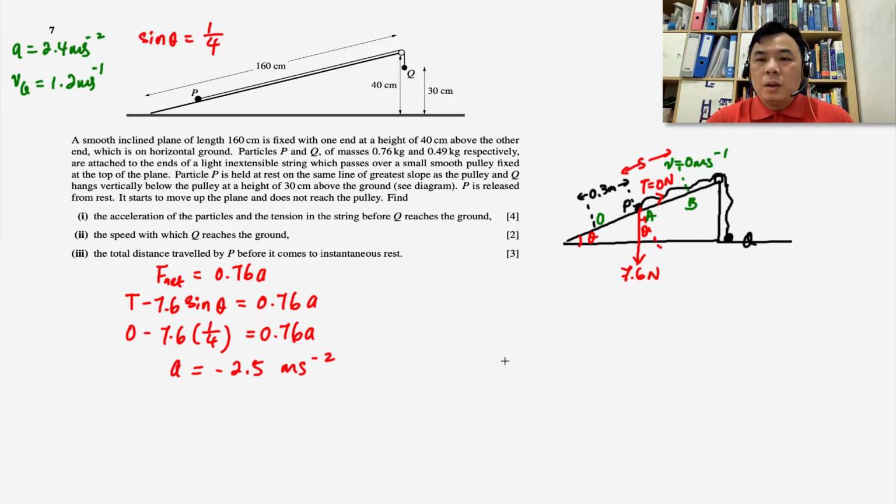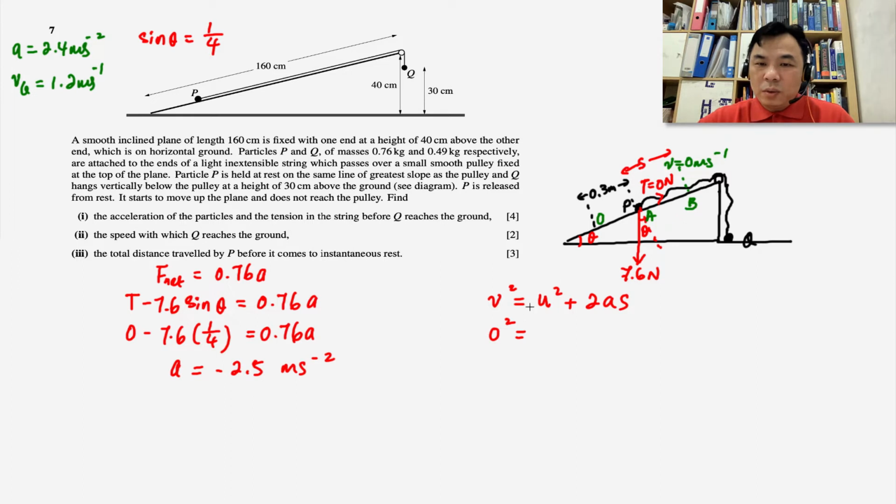Now from here we can make use of the kinematic equations, or SUVAT in this case. We're going to choose the right SUVAT equation again: v squared equals u squared plus 2as. And we know that the final velocity must be equal to 0. The initial velocity at point A, when particle Q has reached the ground, is one piece of information that I have forgotten to find out.